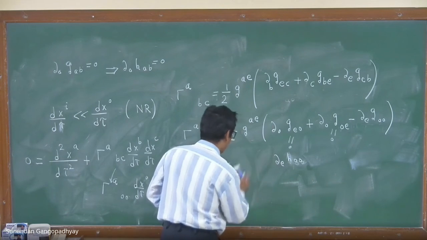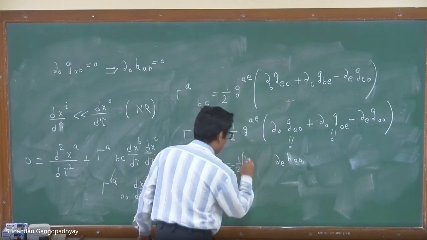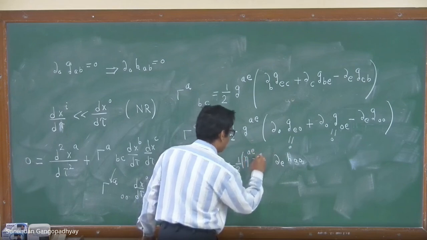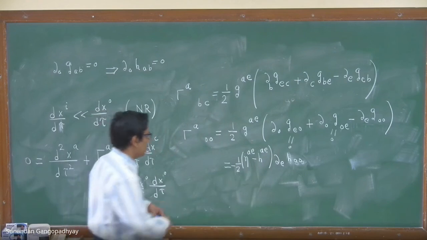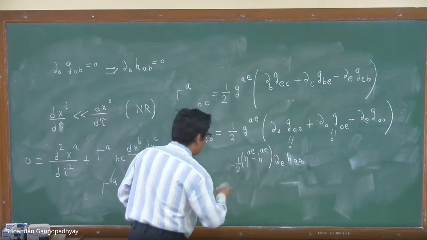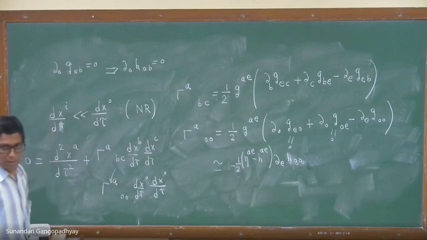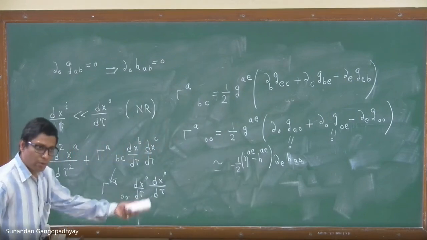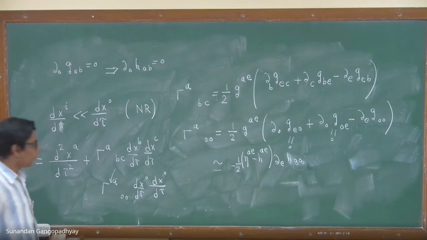G^AE is eta^AE minus H^AE. So this is also the weak field approximation. Now we are working up to order H only, throwing out terms of order H squared.